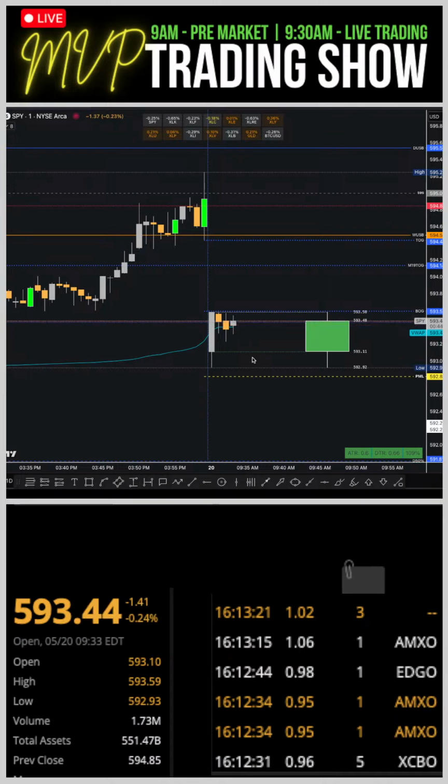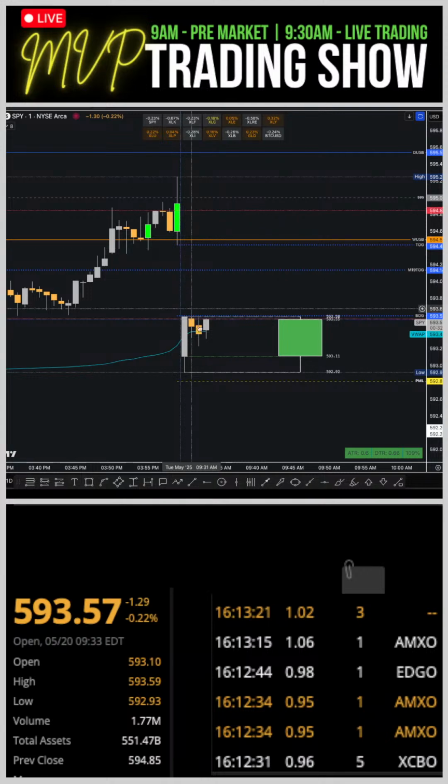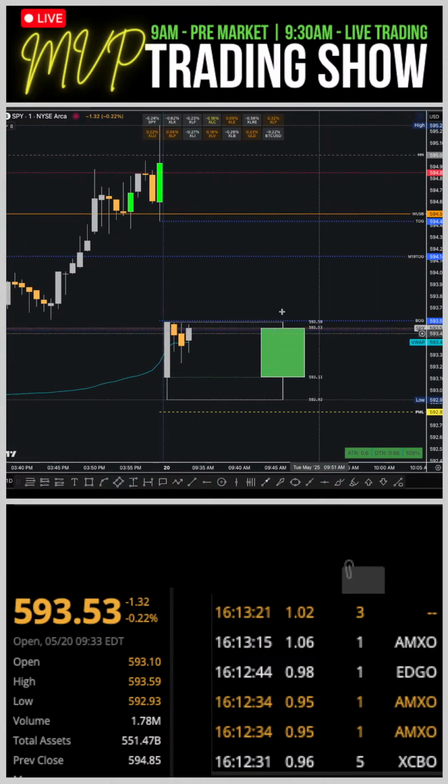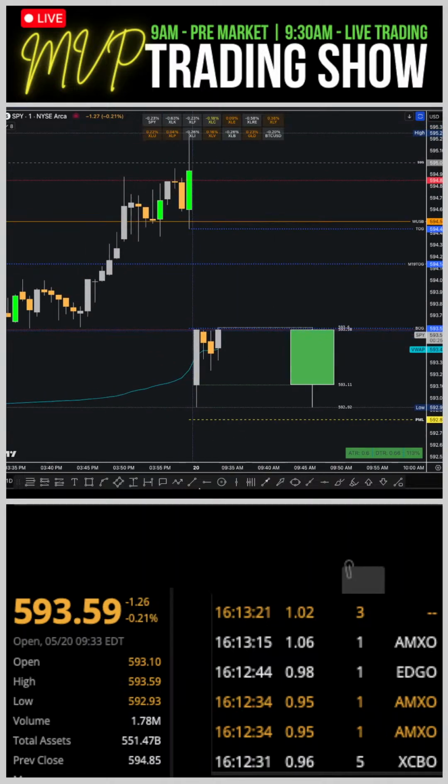Episode 51. SPY just opened up, second day consecutive gap down. Yesterday we gapped down, we filled that gap. It took us about 3 or 4 shifts to fill that gap, so basically more than half the day. Today we gapped down, let's see if the same thing takes place. And if it does, we'll see how long it takes before it does fill.